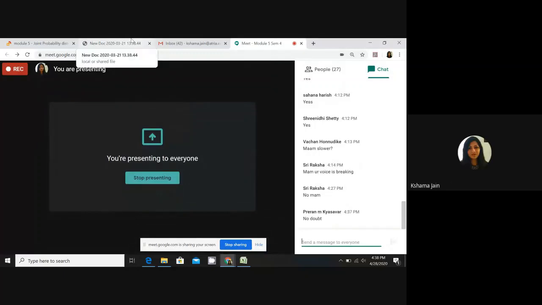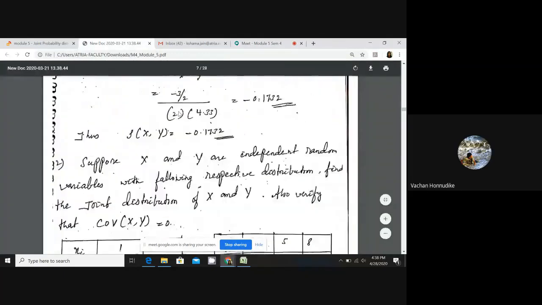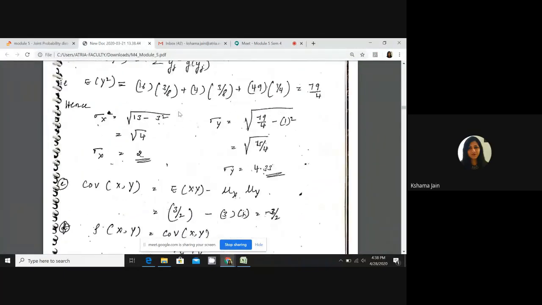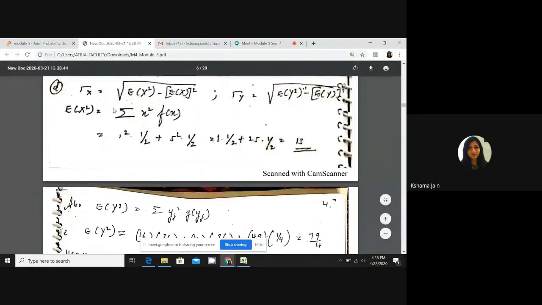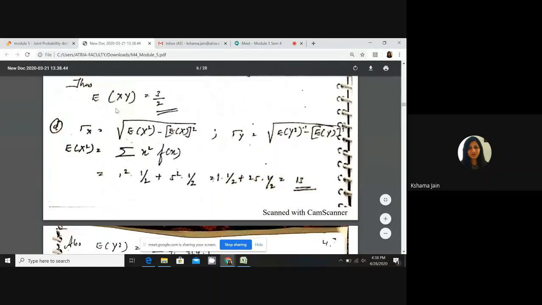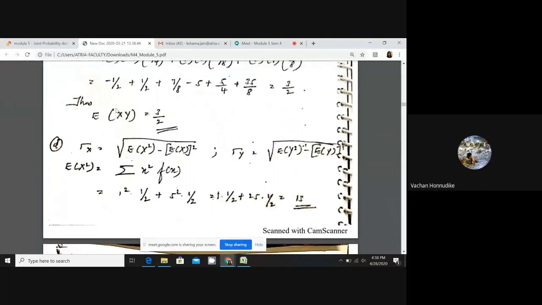First question, the fourth sub question. Can you explain again, ma'am? That was standard deviation. The formula is root of variance. Standard deviation is represented by sigma. So for x, if you are finding, that is sigma x.